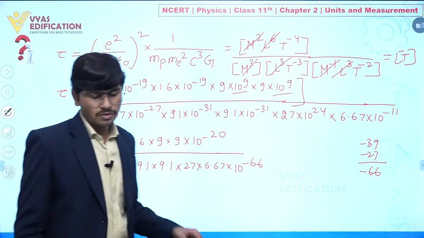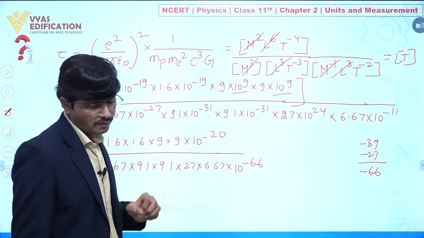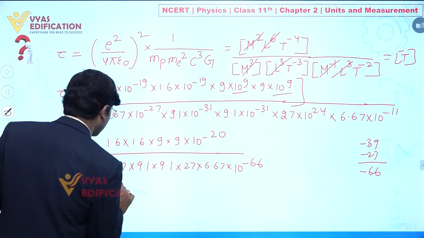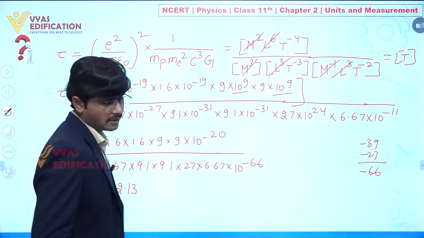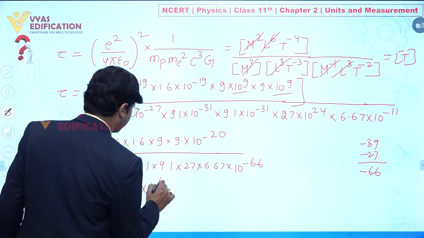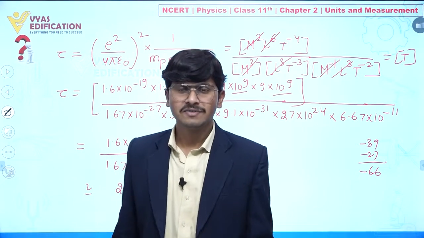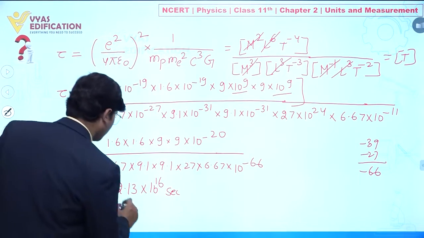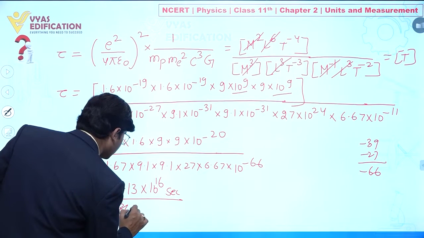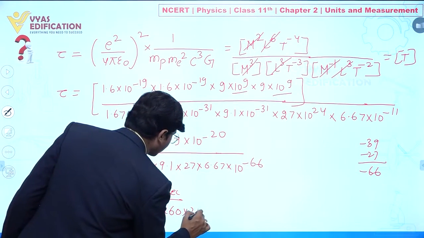Clear? So now dear student, if you solve it, you will find this value. I am just writing here. This is equal to 2.13 into 10 to the power 16 seconds. Clear? We can convert this value into years also. So for the years you have to divide first by 365 into 60 into 60 into 24.